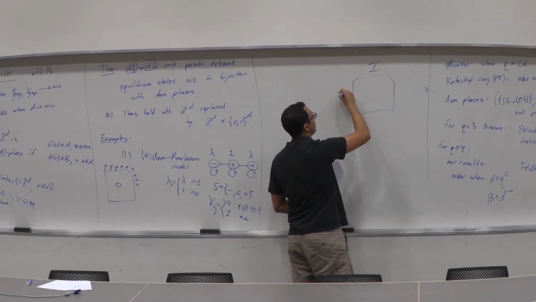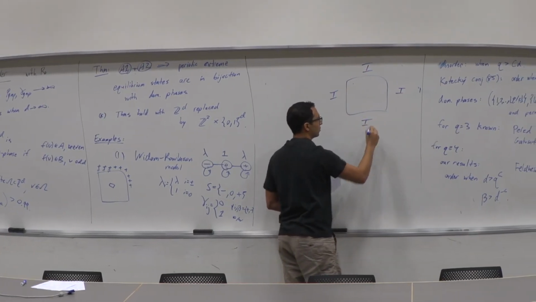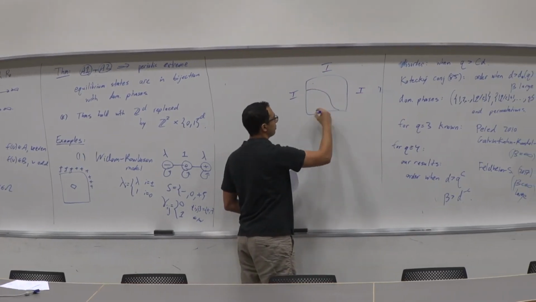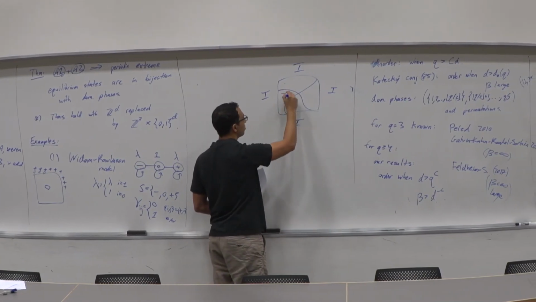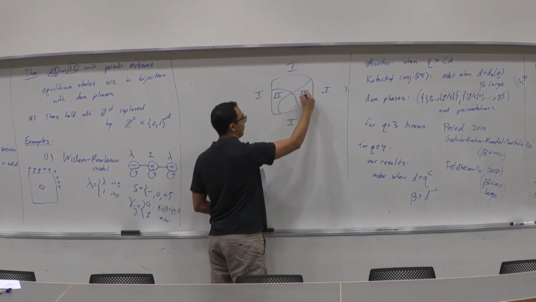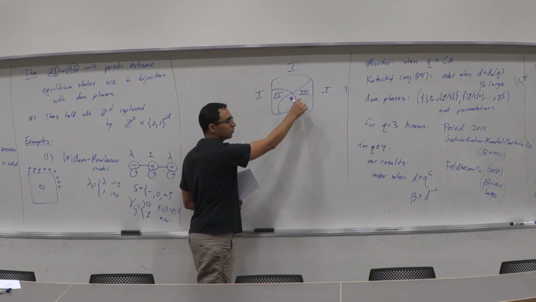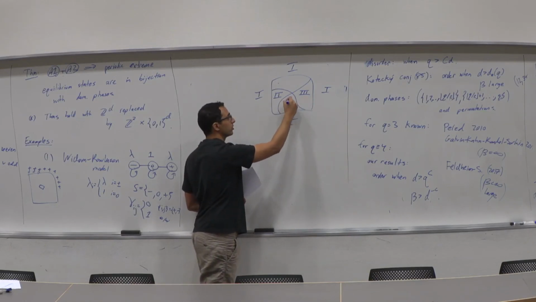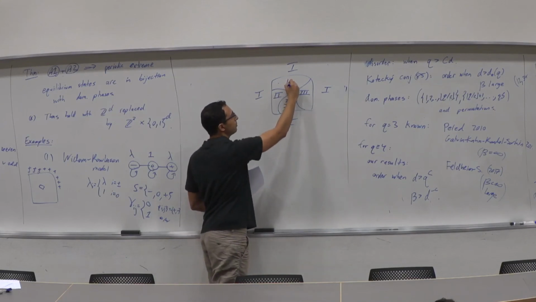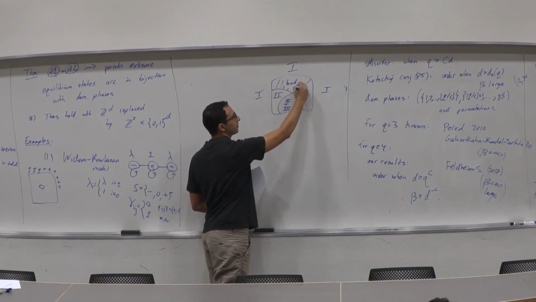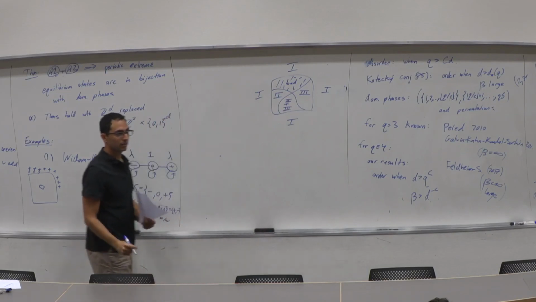So I put some phase on the boundary, which I'll denote by I, and the world kind of splits. This is still just an impressionistic picture. But say this belongs to phase 2, this to phase 3. This may be in the overlap, so it's in both the phase 2 and phase 3. And maybe this is bad. It doesn't belong to any phase. Okay?